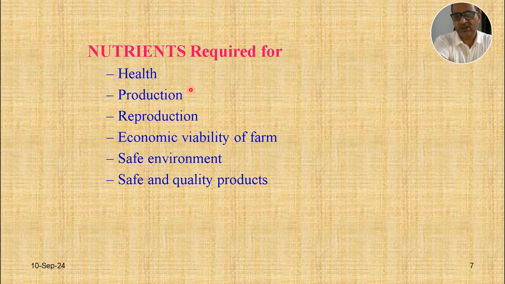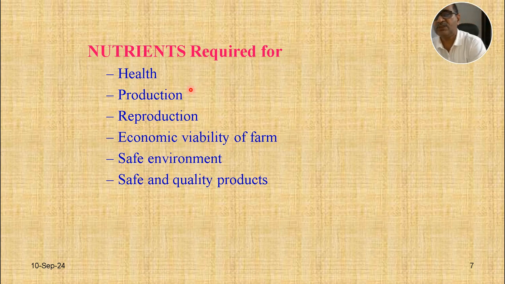That is the production of meat, milk, egg, or wool. All these things will be very nicely maintained. Whereas reproduction is another aspect, because if proper nutrition is not there, the animal will not reproduce very properly. And this is also another requirement of the nutrient material.